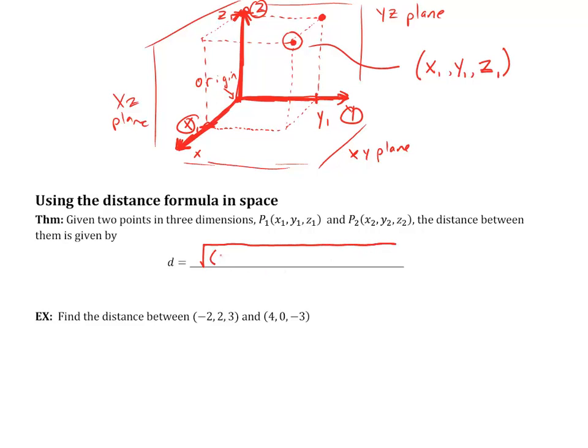You take the difference in the x's and square it, plus the difference in the y's squared, plus now a third term under the radical, the difference in the z's. If I left off the z part, it would look exactly like the distance formula in 2 dimensions. Adding the z's is how you find the distance between those 2 points in 3 space.